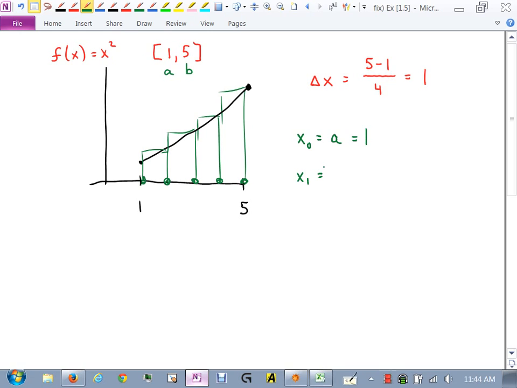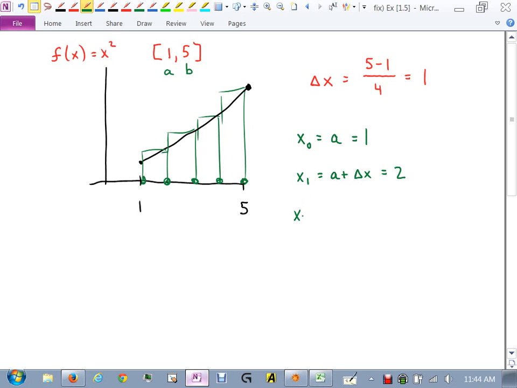So now don't go try and say, okay, if we cut it up, what would be halfway? Just think about what we did last time. We started, and then to move to the next one, how much do we move by? Delta x, right? So the next one should be A plus delta x, good, which would be 2.